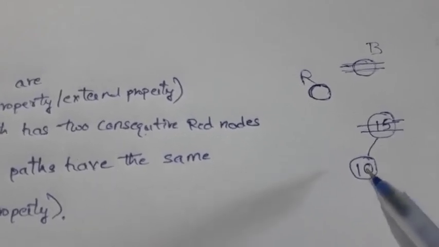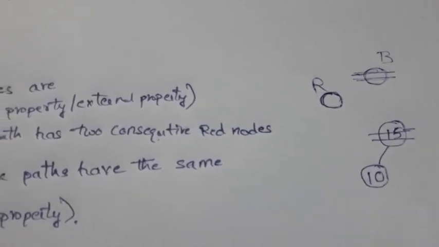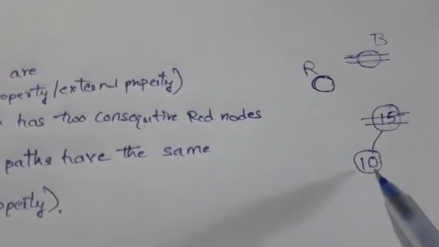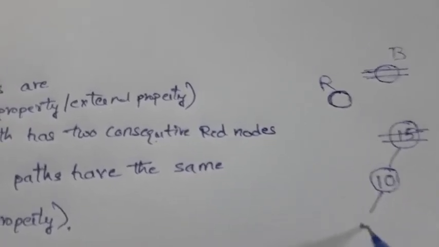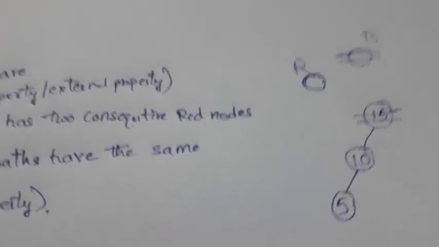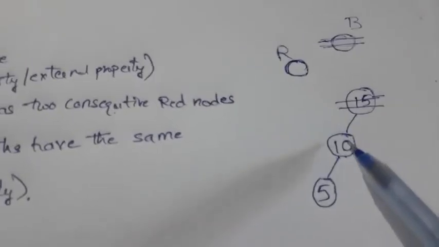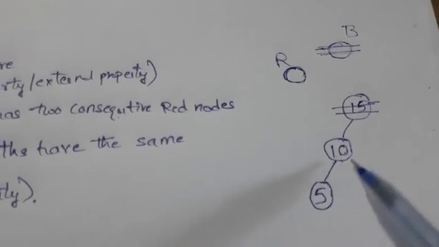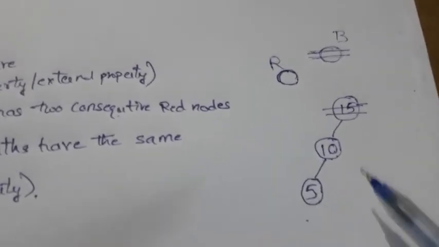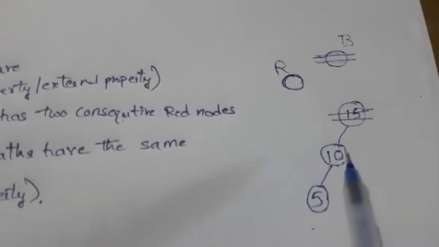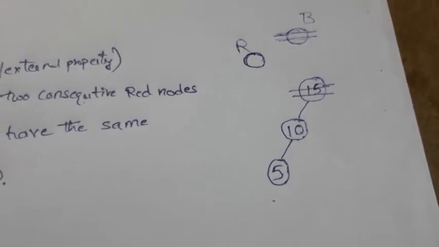So when inserted, 10 should be to the left of 15, and it is red. Let us assume another element, 5. Here I have 2 consecutive red colors, this is red and this is red. The RB2 property says that we should not have 2 consecutive red colors.